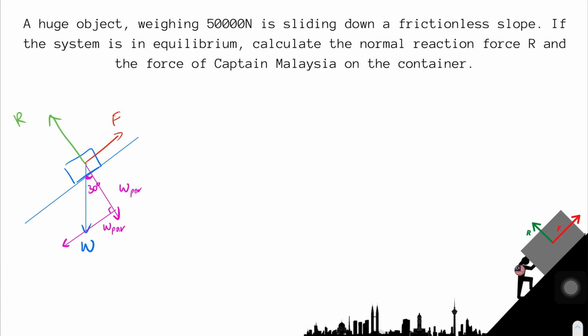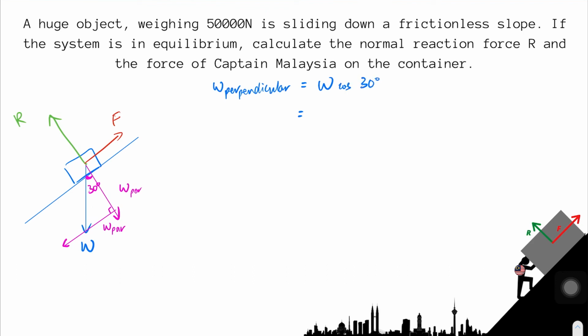So now we can start doing our thing. For the perpendicular component, in the right angle triangle, it is the adjacent line. So the perpendicular component of the weight must be equal to the weight itself, which is the hypotenuse, times cos the angle 30 degrees.